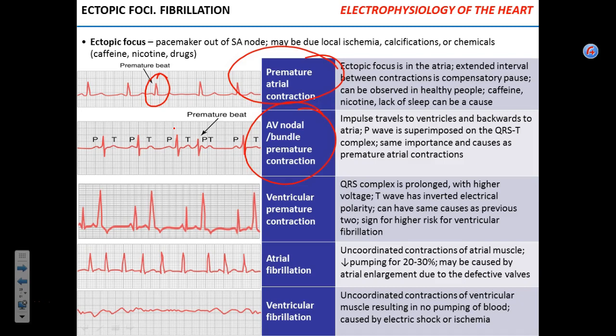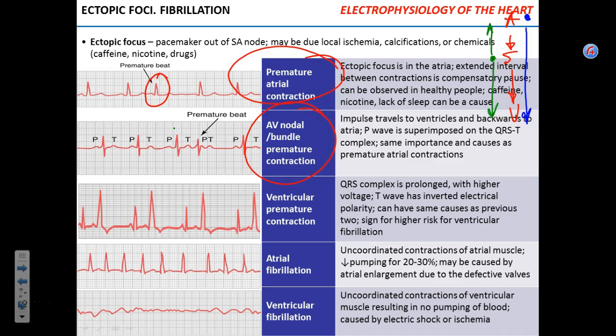You have a flow, atria, septum, ventricle, right? So if the ectopic focus is in the atrium, then the premature electrical impulse will go like this. Now if the ectopic focus is in the septum, especially in the AV node, then it'll go like this.